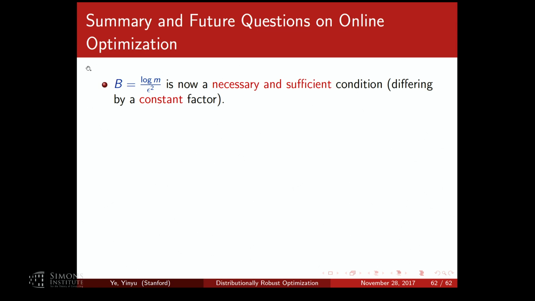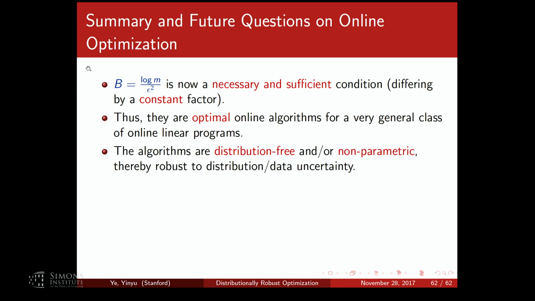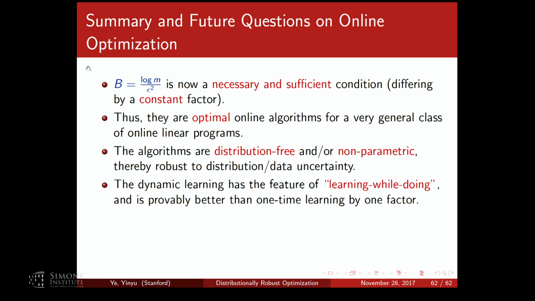Online learning for a very general class of nonlinear problems is distribution free, and for price posting, it's non-parametric. I particularly wanted to advocate this dynamic learning. Even though this is one-time sales, you can still break it into multiple periods and learn from the observed data. We call this learning while decisioning.